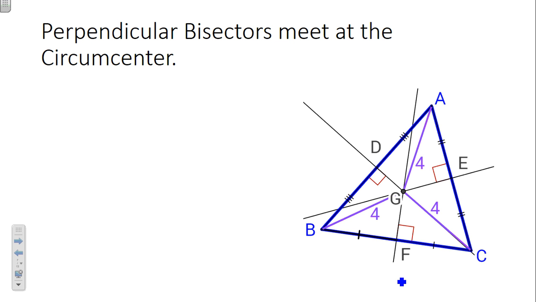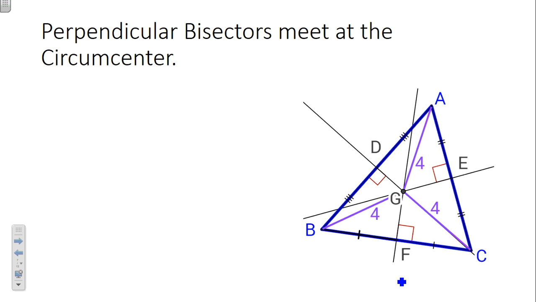From G to F, okay? This point G to E is cutting this segment into two equal parts with a 90-degree angle. And from G to D is cutting this particular segment into two equal parts with a right angle.